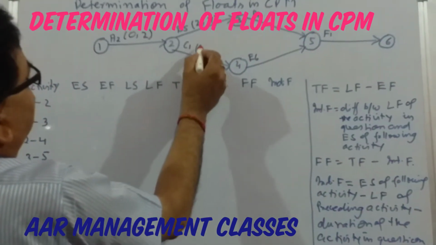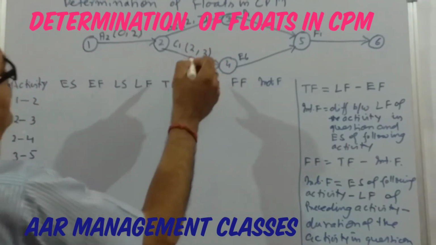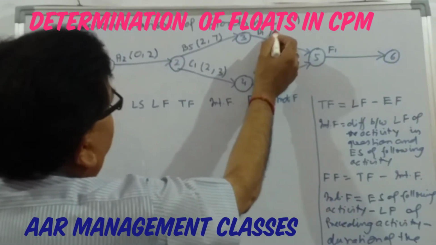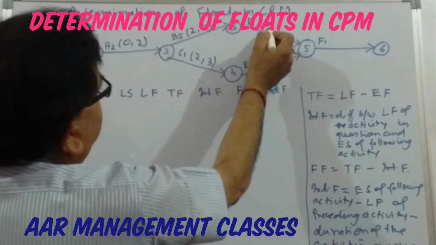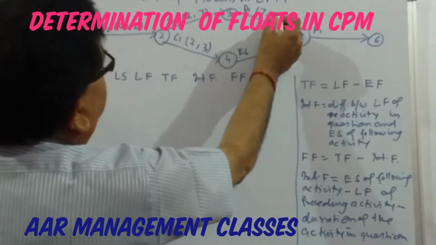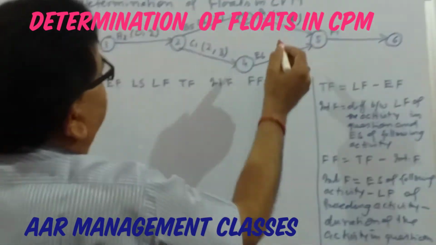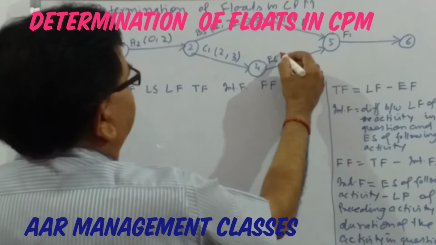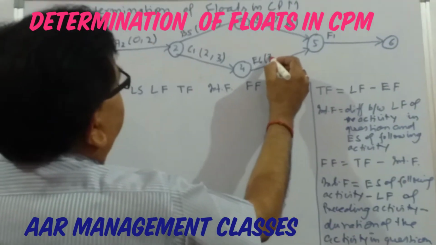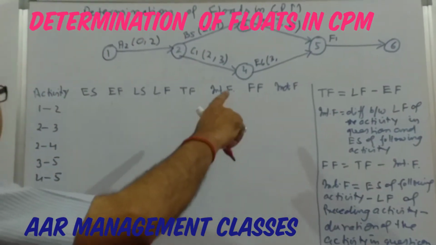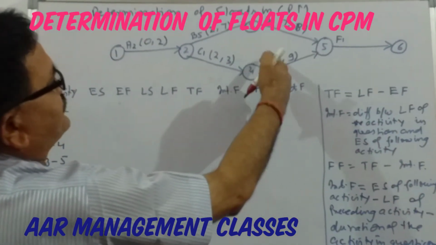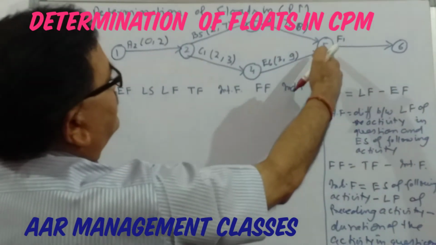In this case also it is 2 and 3, and this 7 is now the earliest start time for activity D. So for this, earliest finish time will become 8 because the duration of the activity is added to it, and 3 here in this case will become the earliest start time for activity E, that is 3, and the duration of the activity will be added to it, so here it becomes 9.